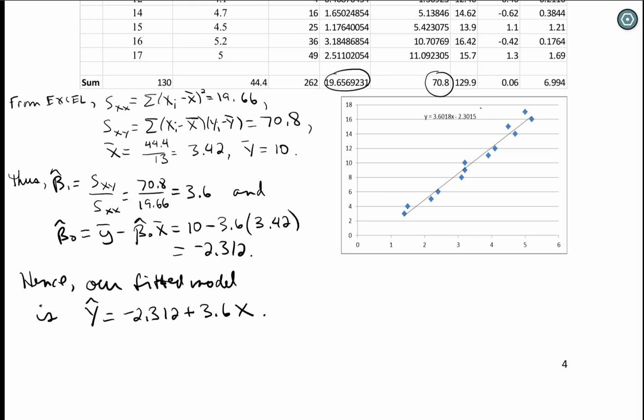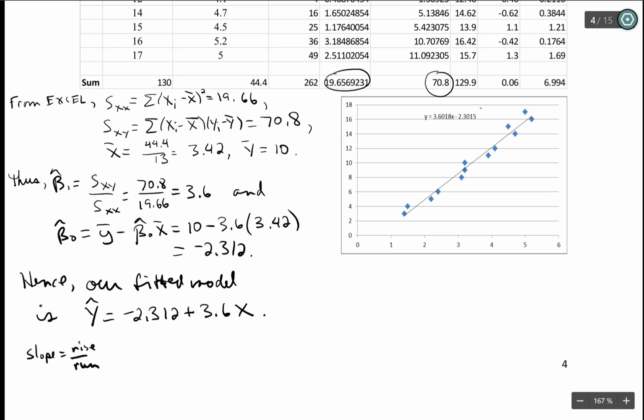Now, thinking back, how would we interpret these quantities? How do you interpret the slope estimate? How do you interpret the intercept estimate? It goes back to how you interpreted these things in a high school algebra class. The slope, if you recall, is the rise over run from your high school math class.